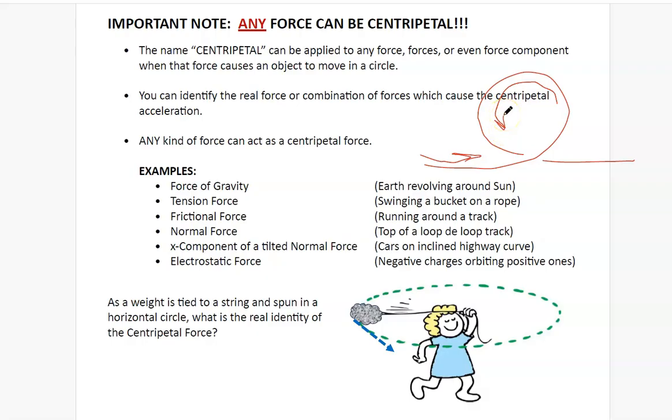Well, one of the reasons they're allowed to go around that loop without falling is the track is always applying a normal force up from the track, a support force from the surface, perpendicular to the surface.